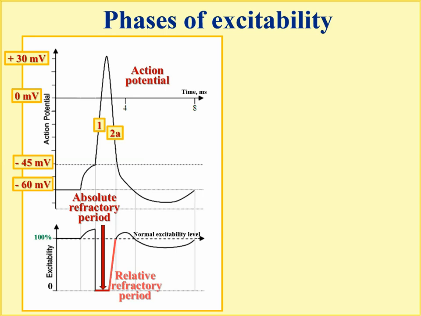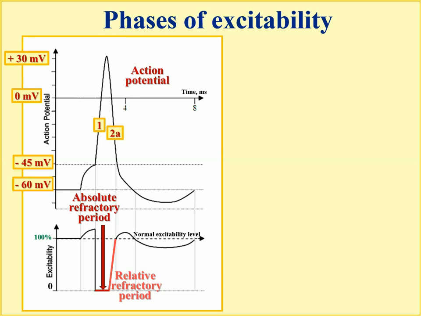If you compare, at the very beginning of this period it's much harder to excite the membrane, but theoretically possible. Closer to the end of this period, it will be a little bit more difficult than usual, but still possible. For example, at the moment of 80% excitability, it's rather easy to excite, but it's necessary to use a stimulus a little stronger than normal.